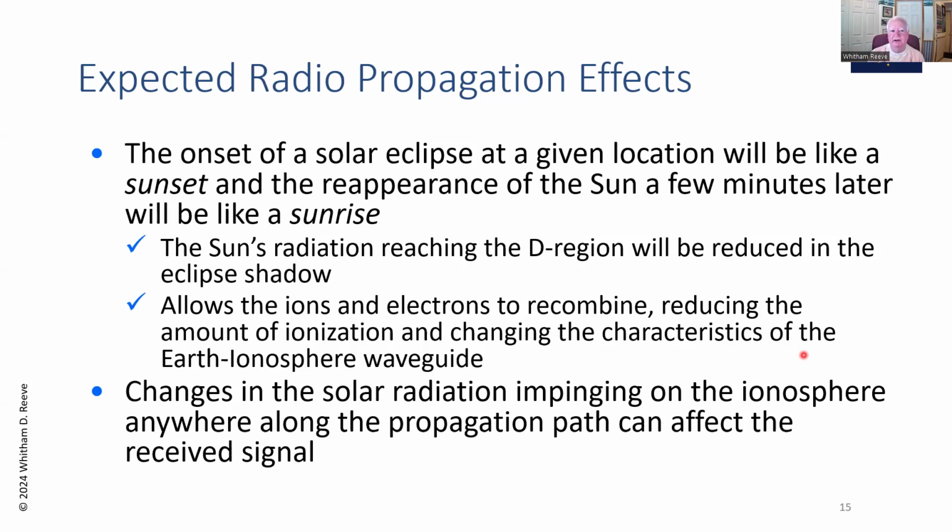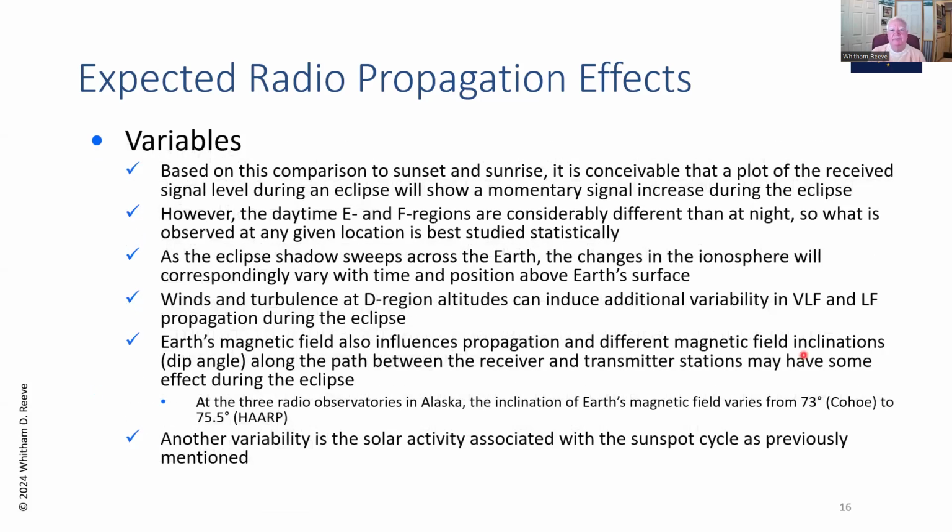And so this is yet another complication. If the sun's radiation reaches the D region, then you have absorption. So there's a lot of complications that will reduce the quality, I guess, of your observations. There's a lot of variables.